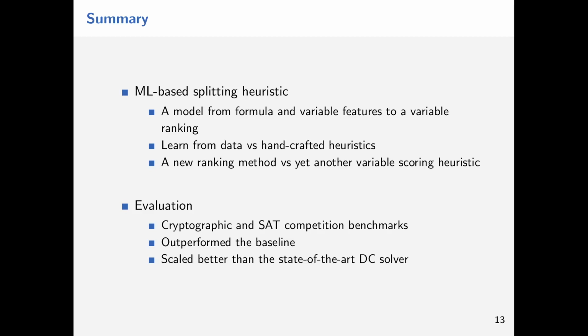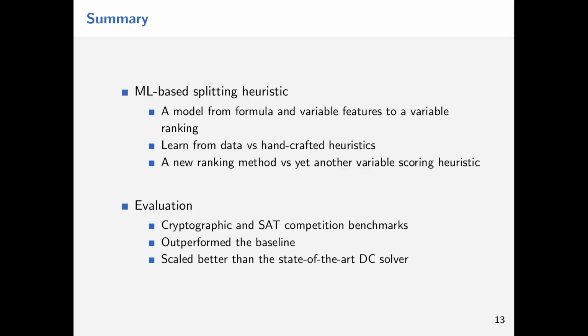So we could also say that we looked at the problem a bit differently. Previously, all of the splitting heuristics were proposing scoring heuristics to derive some scores for variables to rank them in a different way. But we looked at the problem differently and generated a new ranking method, which in the literature is known as a pairwise ranking method.